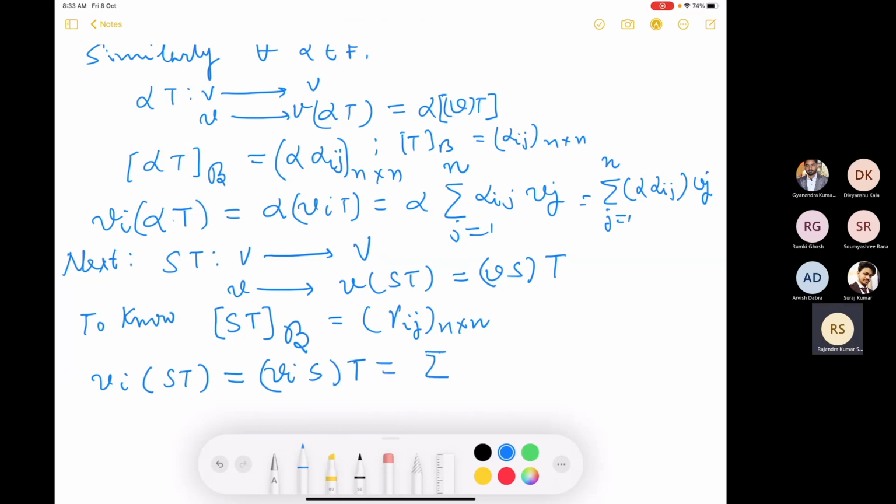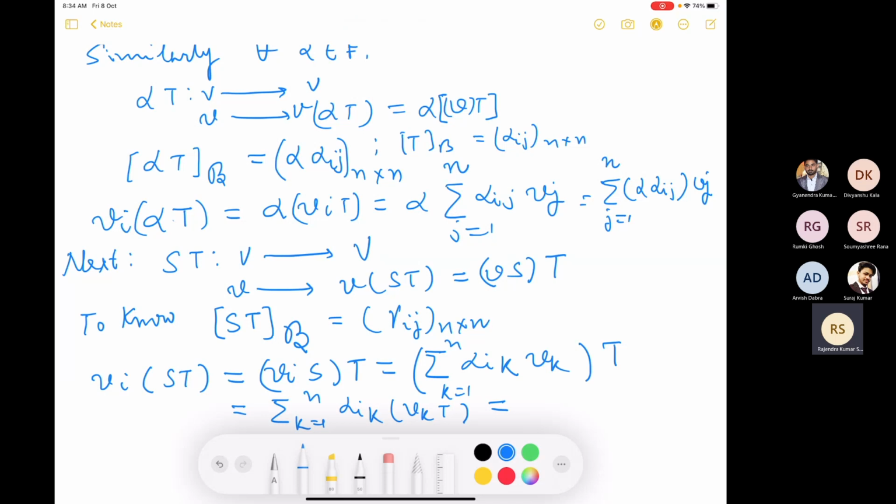Now, this is a linear combination of the basis vectors. And this is alpha ij, let us say, sum over k from 1 to n of alpha ik Vk, and T applied to this. Now this is the same as the linear combination, k equal to 1 to n, alpha ik Vk T. Now Vk T is a linear combination.